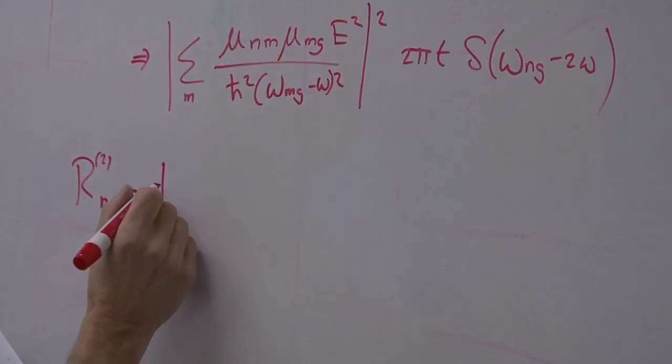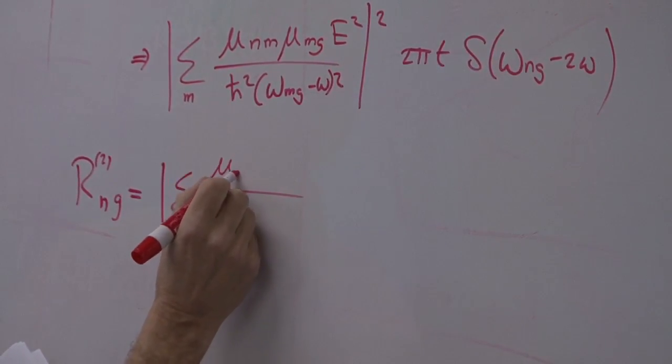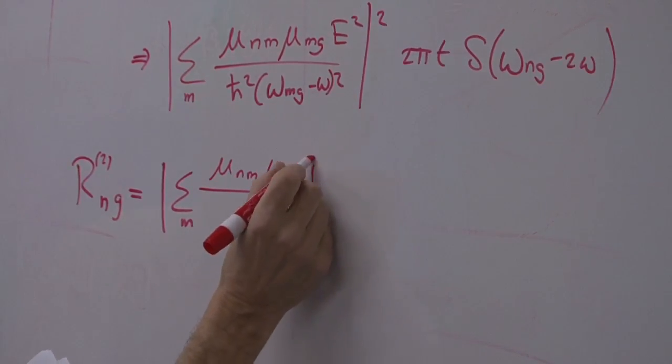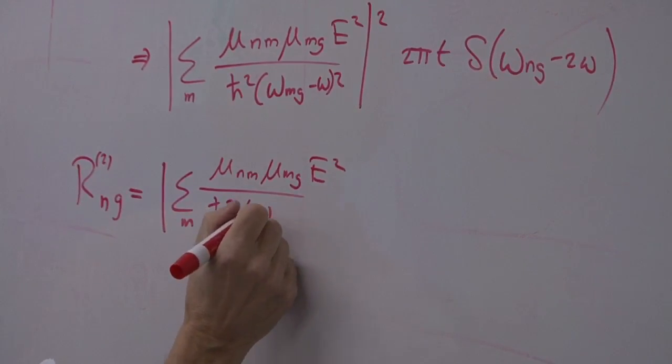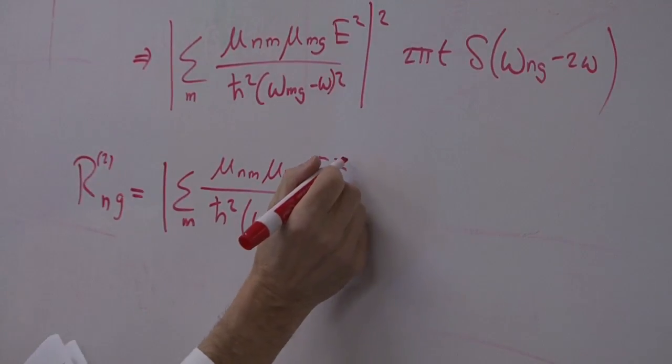same thing but without the t, sum over m, mu_nm mu_mg E squared over h-bar squared (omega_mg minus omega) squared.